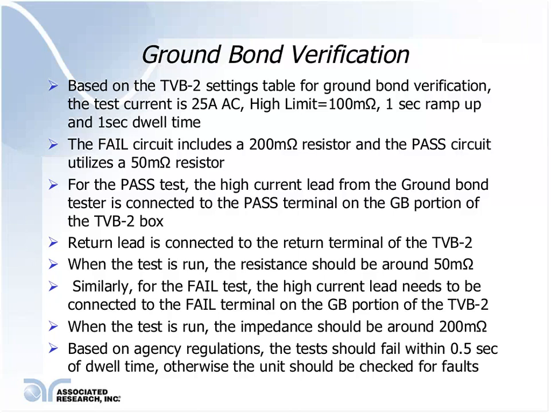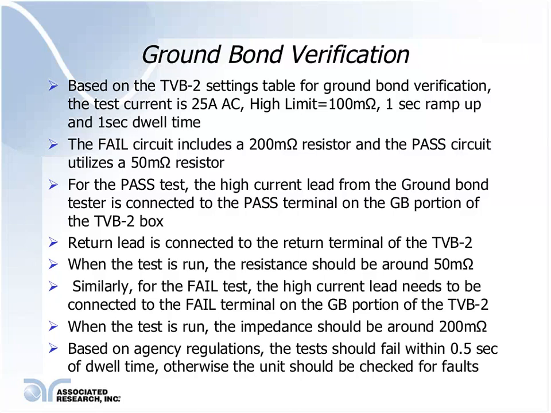Next, to perform the fail test with the ground-bond unit, we're going to leave all the parameters the same as for the pass test. This time, the high current lead is going to be moved from the pass to the fail terminal on the TVB2 box.